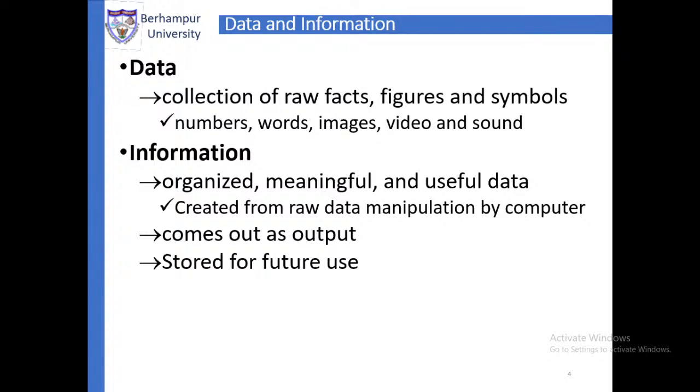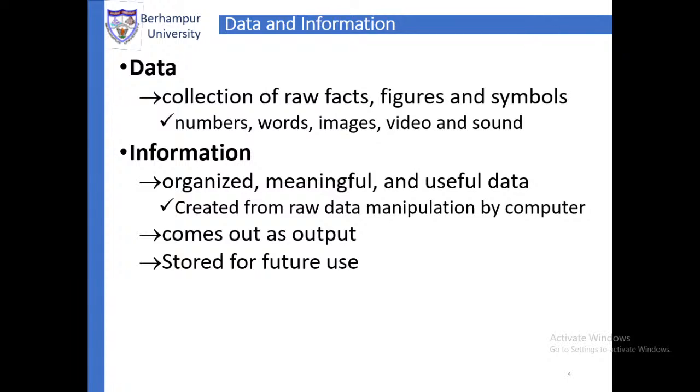So the computer manipulates the raw data, adds, subtracts, whatever it is, it does some arithmetic operation or logical operation or string operations, then it gives you organized data. That is, information always comes out as output.